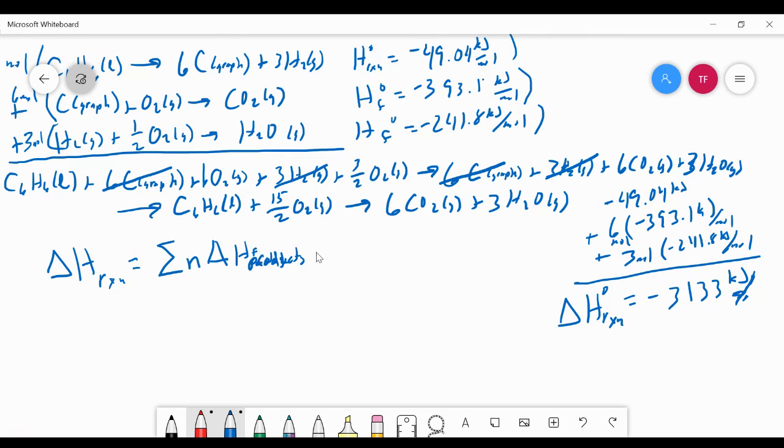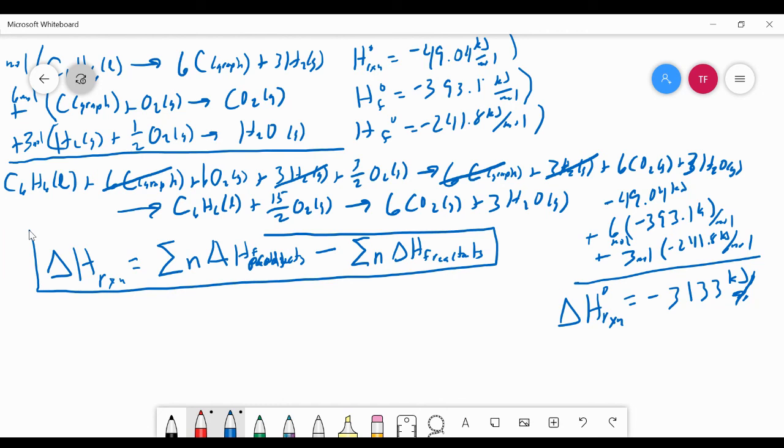Minus, because we flipped the substances that were in the reactants, we flipped their enthalpies, and this minus is just flipping signs, minus the sum of the moles times the enthalpies of formations of reactants. And this is Hess's law, which just says we add up the enthalpies of the products and subtract the enthalpies of reactants. So without doing all of this work, we end up with the exact same answer.